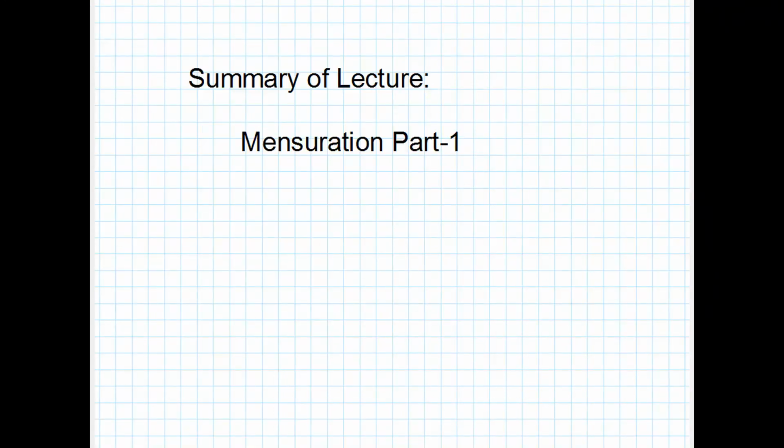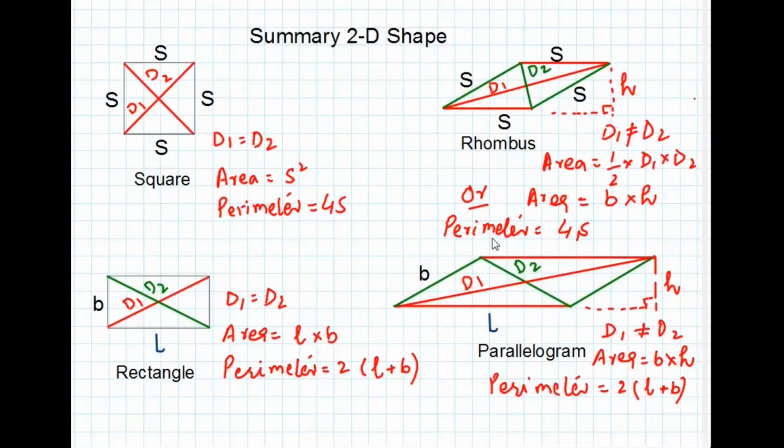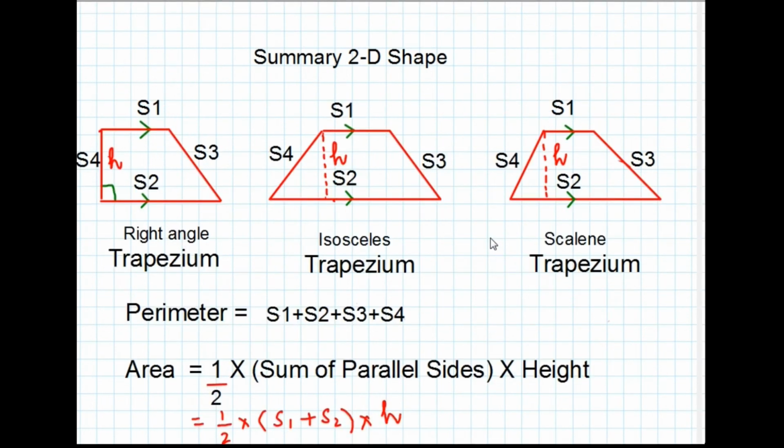In the end of this lecture of mensuration part 1, different slides are made to summarize their shapes and formula. The first slide contains a square, rhombus, rectangle and parallelogram. The second slide is about trapezium, their types and their formula.